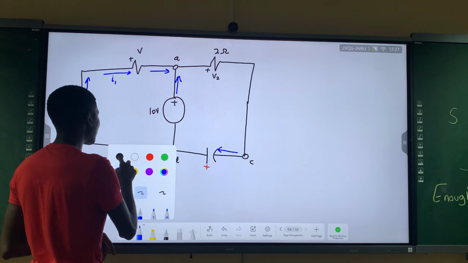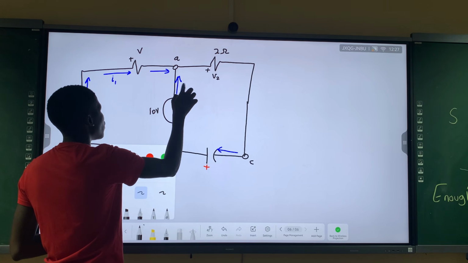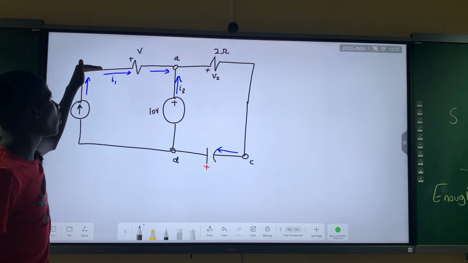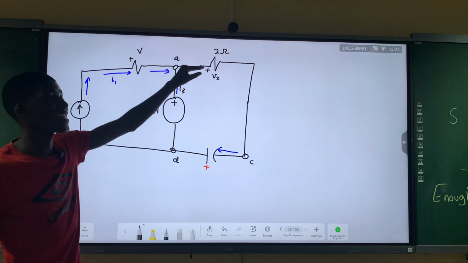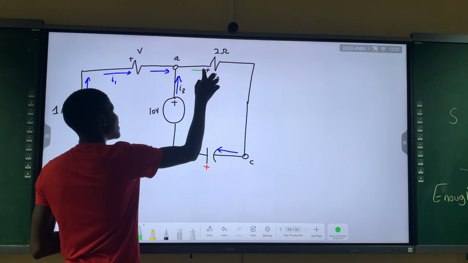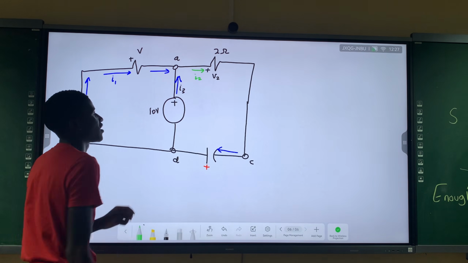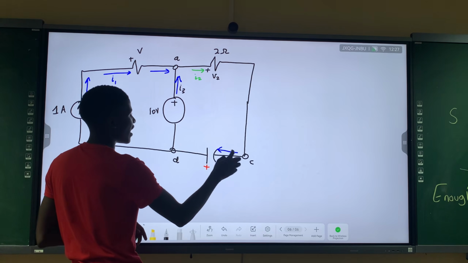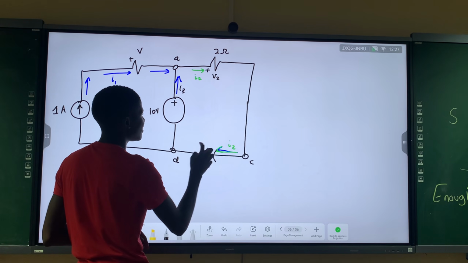So if we say that this is our I2, here they labeled it as I3, so let's just call it I3. So I1 and I3 combine to form I2. Let's just call this I2. So this I2 is a combination according to Kirchhoff's current law. And then this I2 will be the one that flows into this.